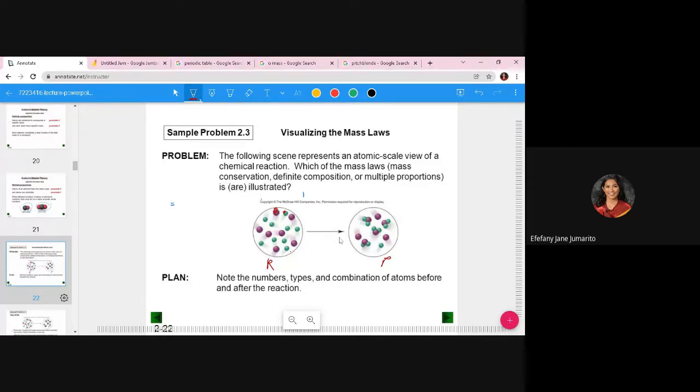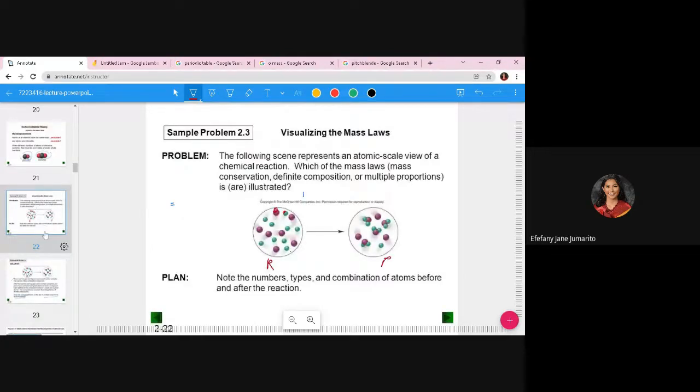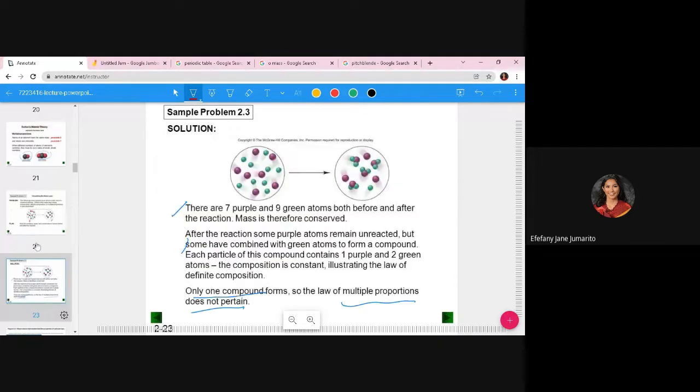So we can't deduce or see if it is being applied. So in this case, only conservation of mass and definite composition are clear. Multiple proportions is not clear.